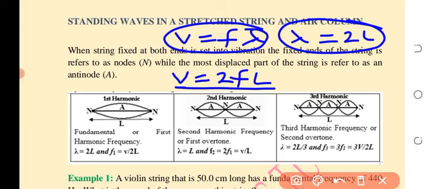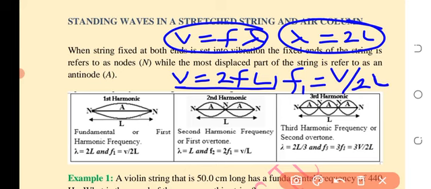And from here, we can make F the subject of the formula, and this will give us F equals V over 2L. This frequency here is known as the first harmonic frequency, or we can call it the fundamental frequency, and this is the minimum, the least frequency that a vibrating string can produce.